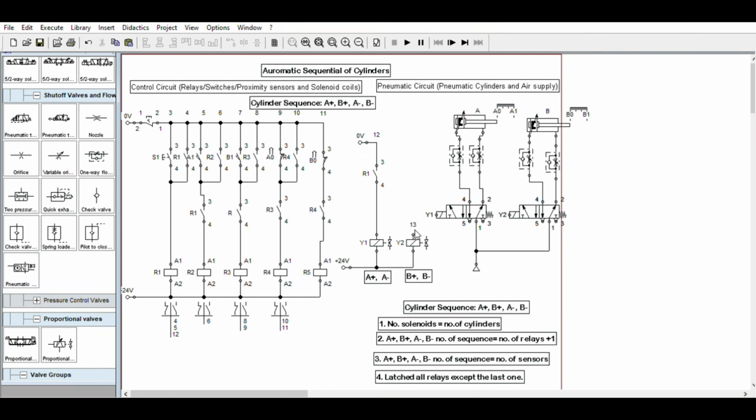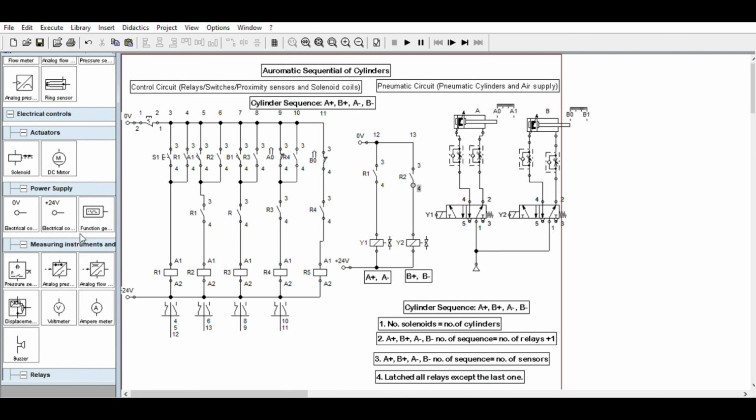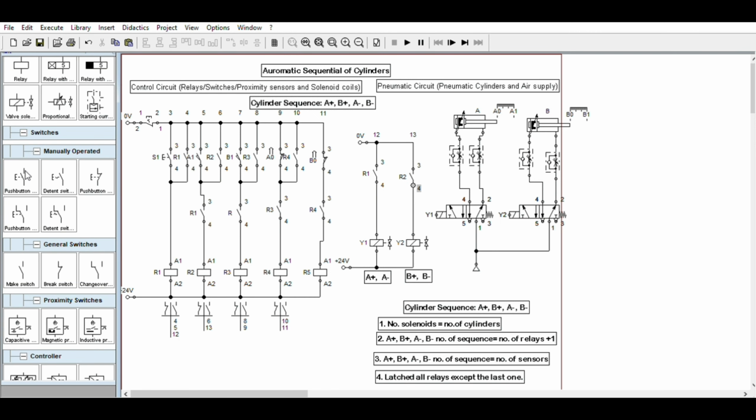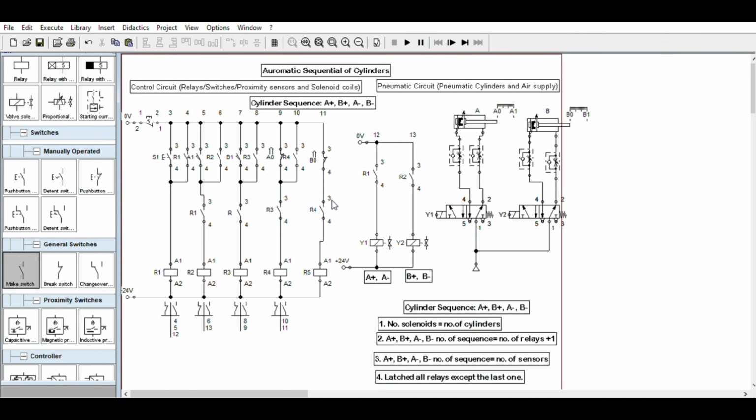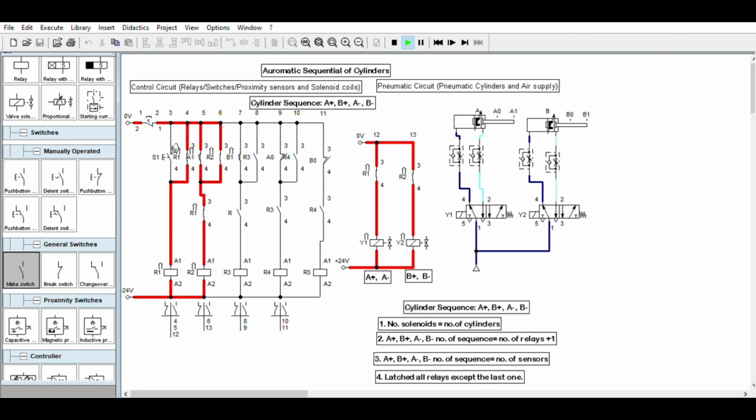This one will trigger via R2. This one turns on. So we need R2 here. Remember, normally open contact is to turn on, to make a circuit. Again, make switch, to make contact. R2. Again. Okay.